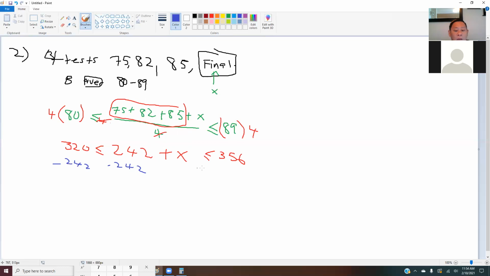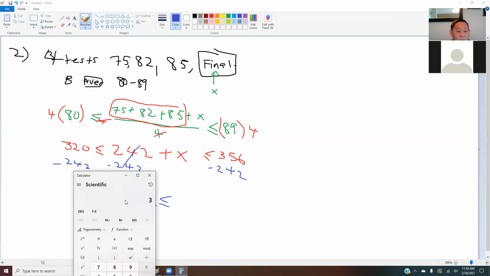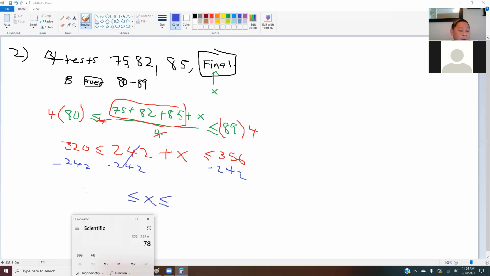What do you get when you subtract 242 on both sides? On the left side, I got 78. Very good. And the other side? On the other side, I got 114.